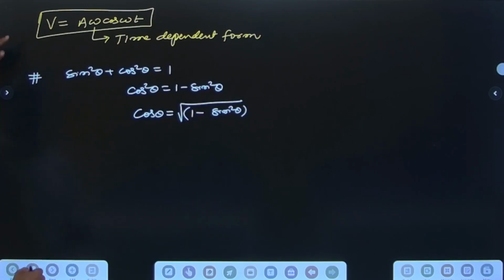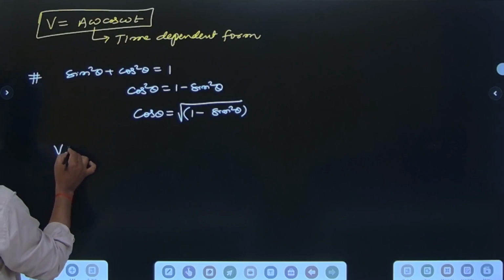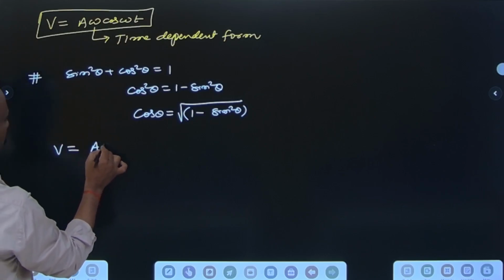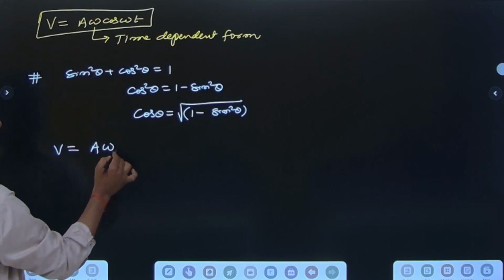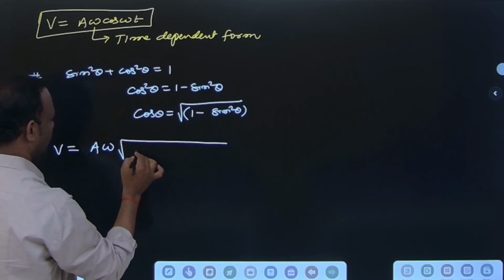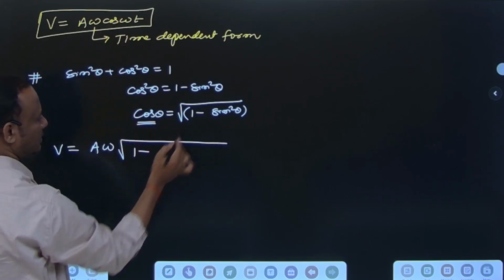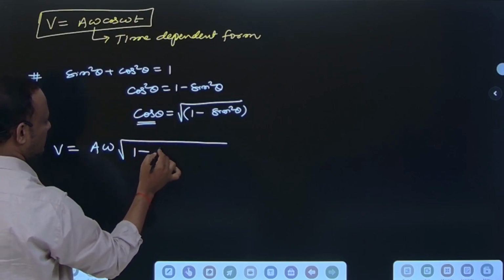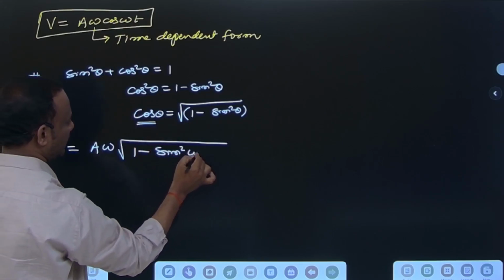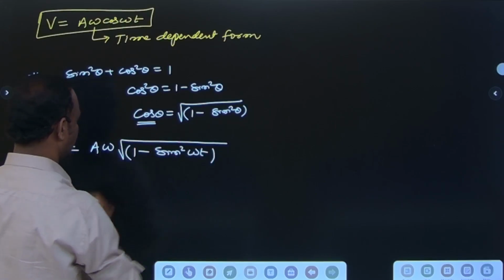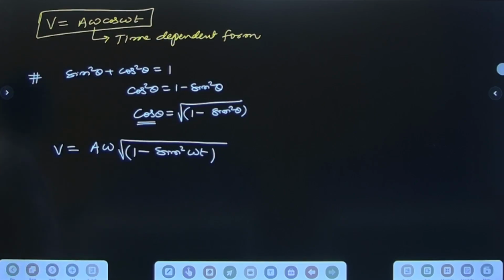So here V is equal to A omega cos omega t, which means A omega under root of 1 minus sine square omega t.